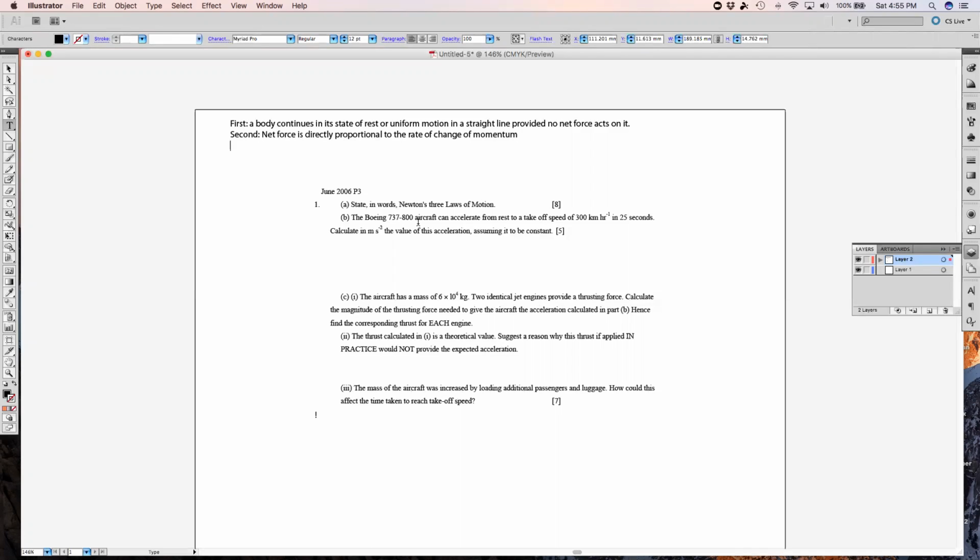is directly proportional to the rate of change of momentum. And the third law says that is the one that goes, right.